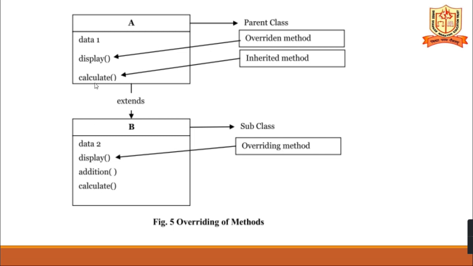What is the difference between this display and that display? Both method names are the same, so it is called method overriding. And here also the calculate method is there. This is called method overriding.